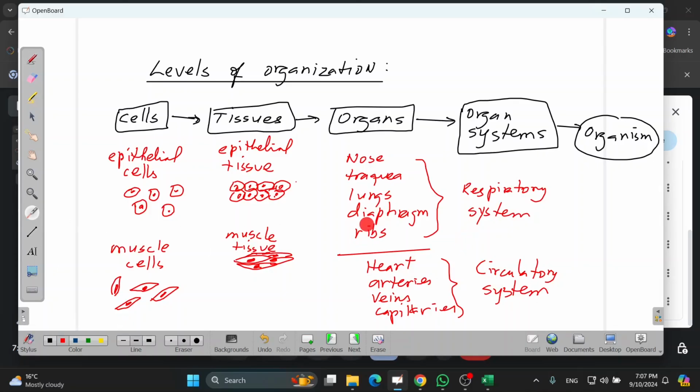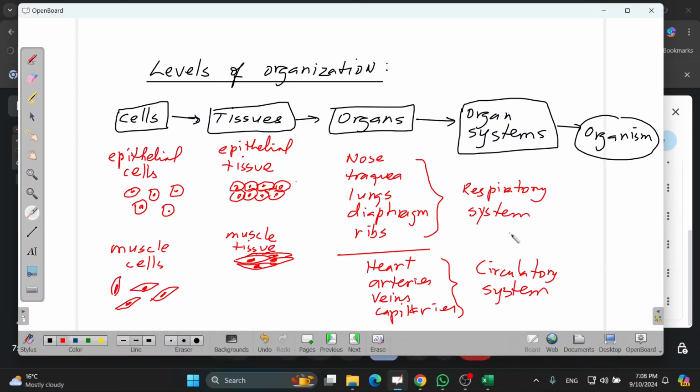And each of these organs have tissues of different kinds. For example, the lungs, they don't have bones, but they do have muscles, they do have skin, which is epithelial tissue. See what I mean? The ribs have muscles attached to them to make them move, and they are bones. So organs are made up of different tissues, and those tissues are made up of cells. Guys?